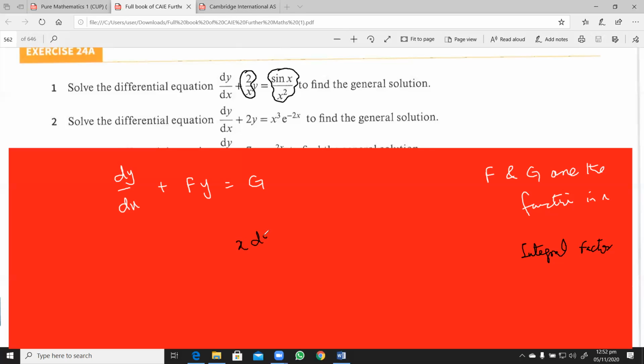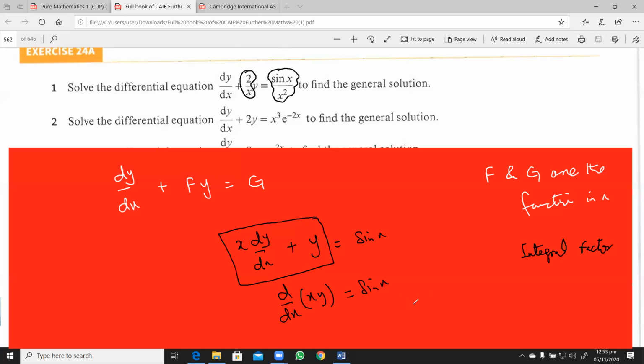Basically, if I could give you an example, suppose you had x dy by dx plus y equals, let's say, sine x. Can I write this as d by dx of xy?